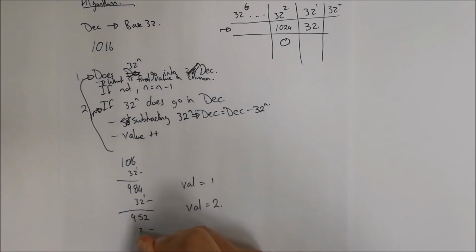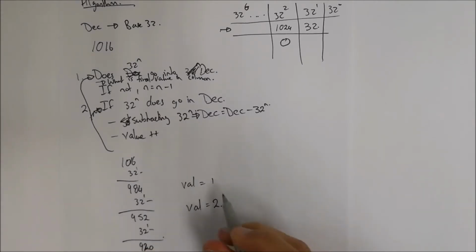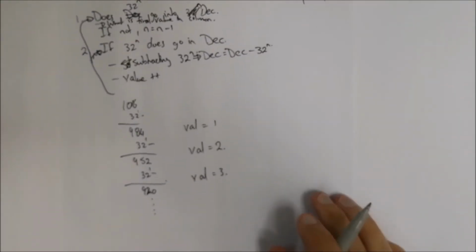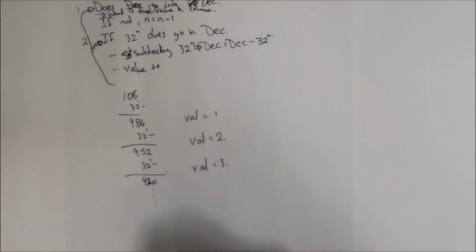Then we subtract again 32 to the power of 1, and we get an answer of 920. But then again we increment the value that we've got to keep a record of, and that becomes 3. And we keep on doing this process.